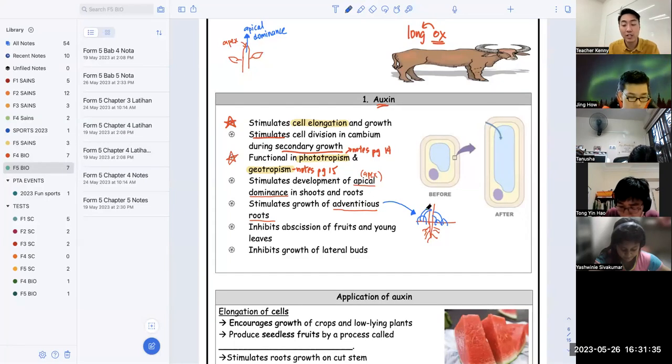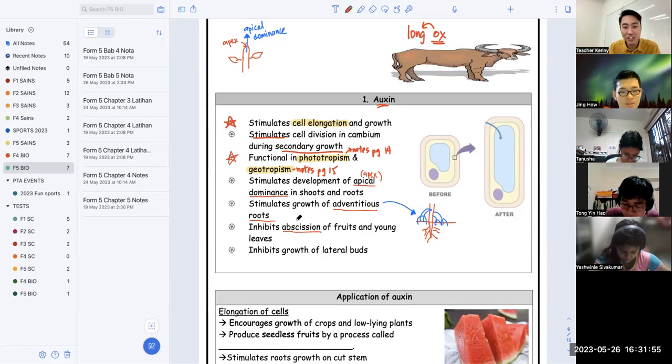Again, adventitious roots are roots that come out from the plant other than the roots. That means the stem. Okay, next up. Inhibits. Oh, another powerful word. Pronounce this word before I pronounce it. Abscission. Abscission is a very fancy name, basically meaning the falling off.